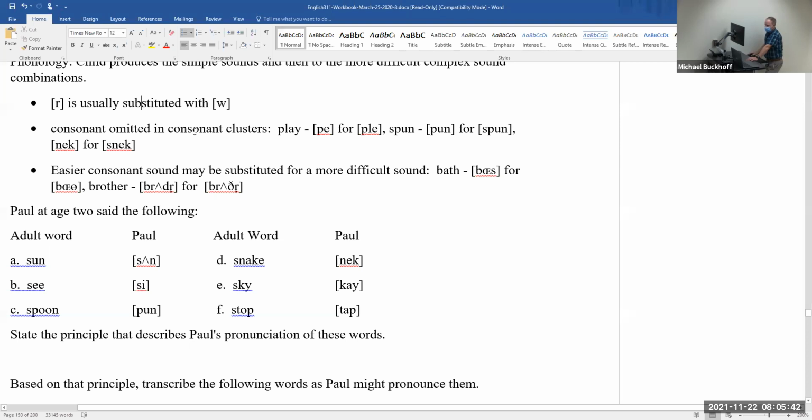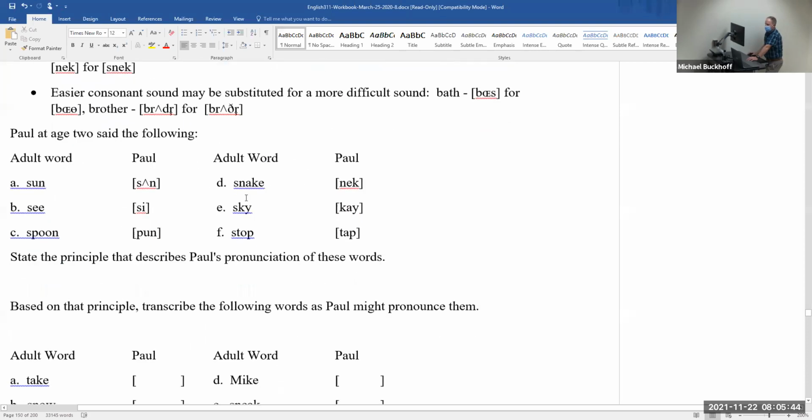Okay, so let's take a look at some examples. We have Paul at age 2, who said the following. For the word son, Paul says son. For the word sea, he says sea.